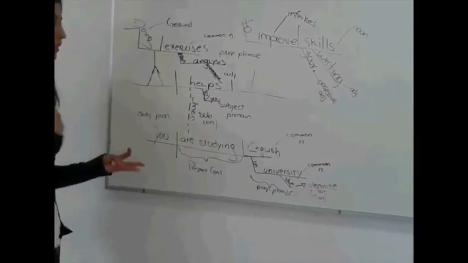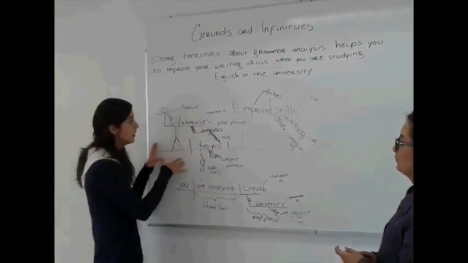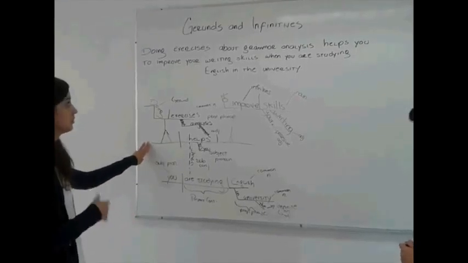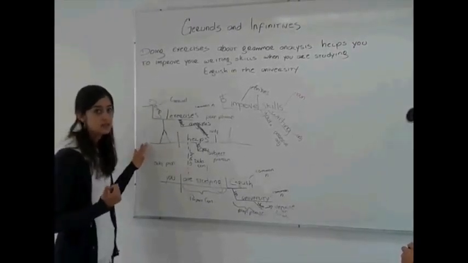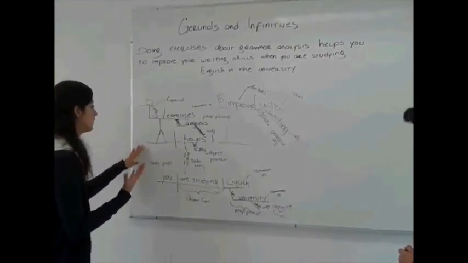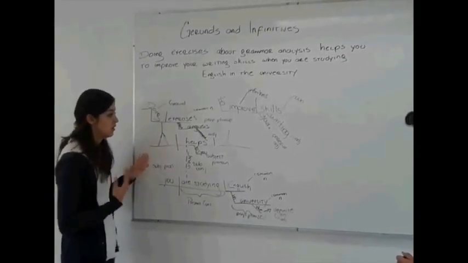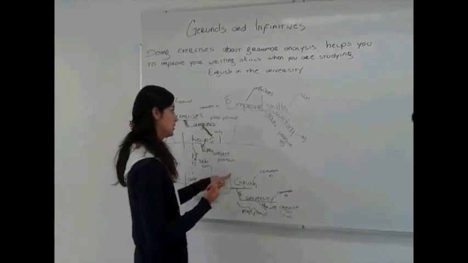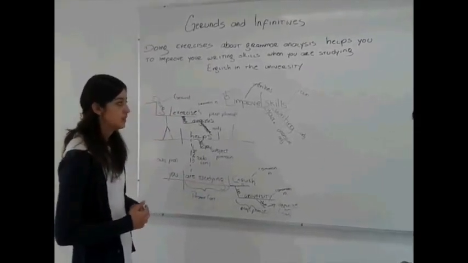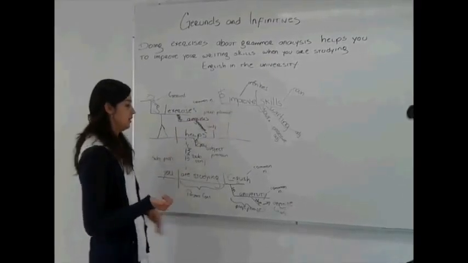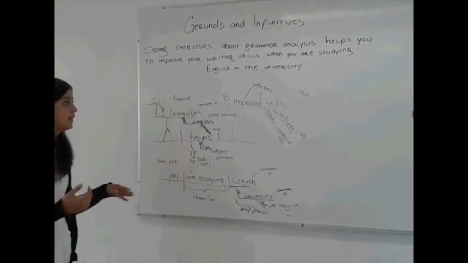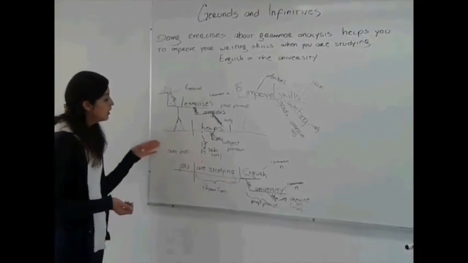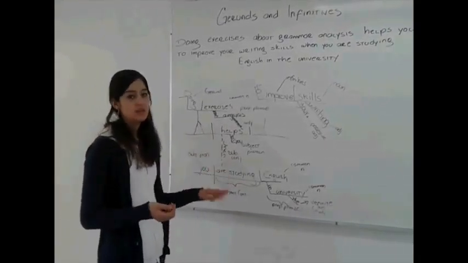So in general, we have our main clause, which is doing exercises about grammar analysis helps you to improve your writing skills. Our subject, doing exercises about grammar analysis, the verb helps, and the direct object, to improve your writing skills, using also an infinitive phrase. Then our subordinating clause, which is starting with when: when you are studying English in the university.